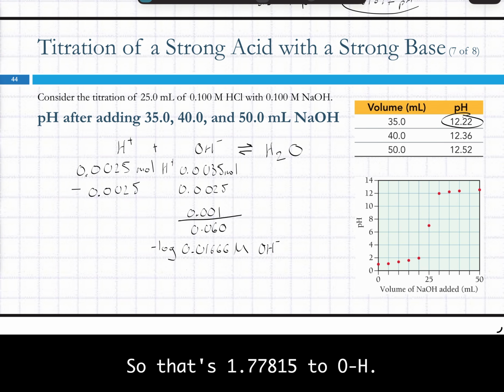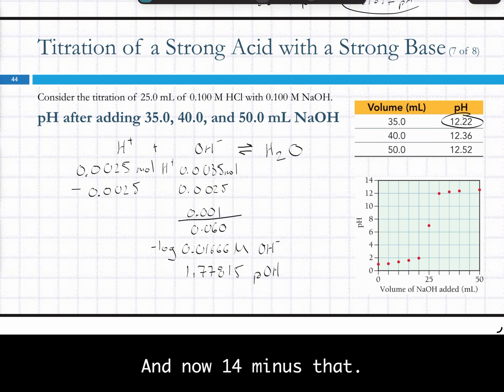So that's 1.77815 pOH, and now 14 minus that. There we go. That is 3 sig figs.